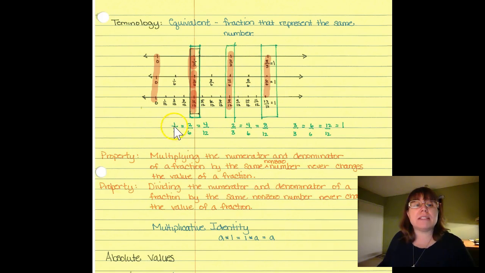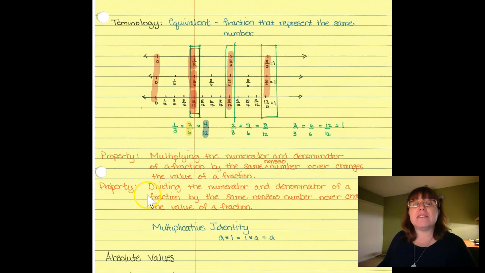For example, if I take 1/3 and multiply both the numerator and the denominator by 2, 1 times 2 is 2, 3 times 2 is 6. It's the equivalent fraction. Likewise, if I take 2/6, multiply both the numerator and the denominator by 2, 2 times 2 is 4, 6 times 2 is 12, I'll get the same equivalent fraction. All of these, the 1/3, 2/6, 4/12 are all equivalent.